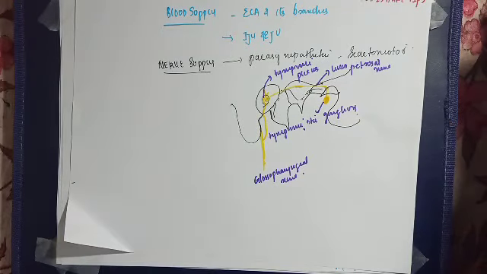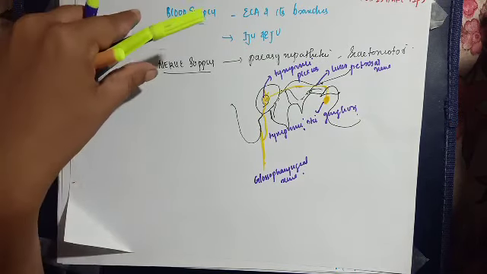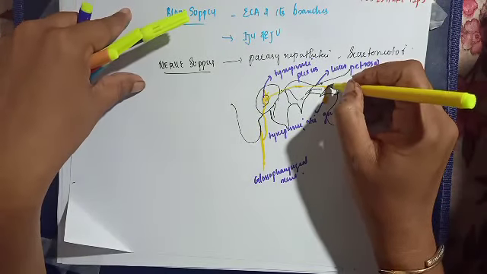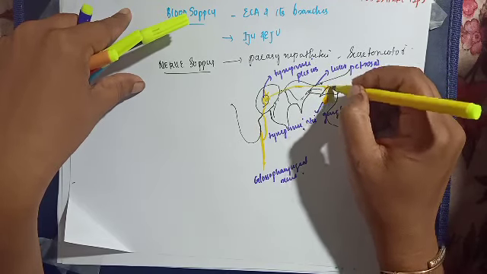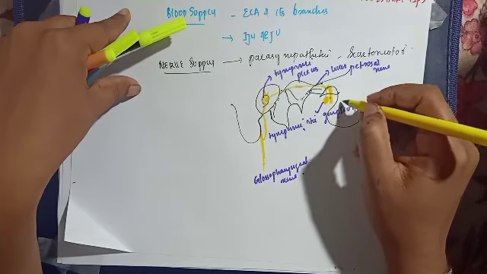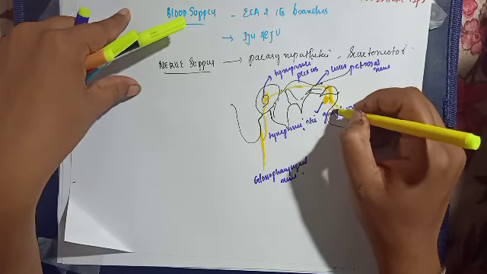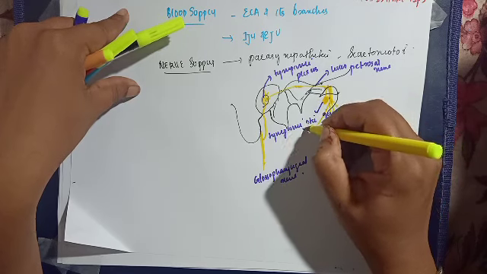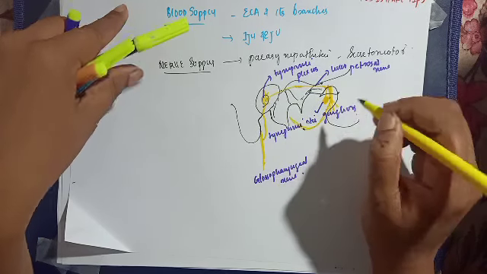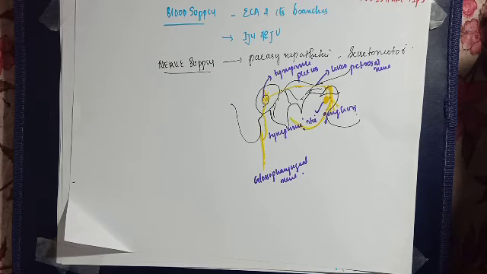Now you have one nerve here, that is the auriculotemporal nerve. Here you can see the mandibular nerve through the foramen ovale. Now here you can see the auriculotemporal nerve. From the otic ganglion, what happens?